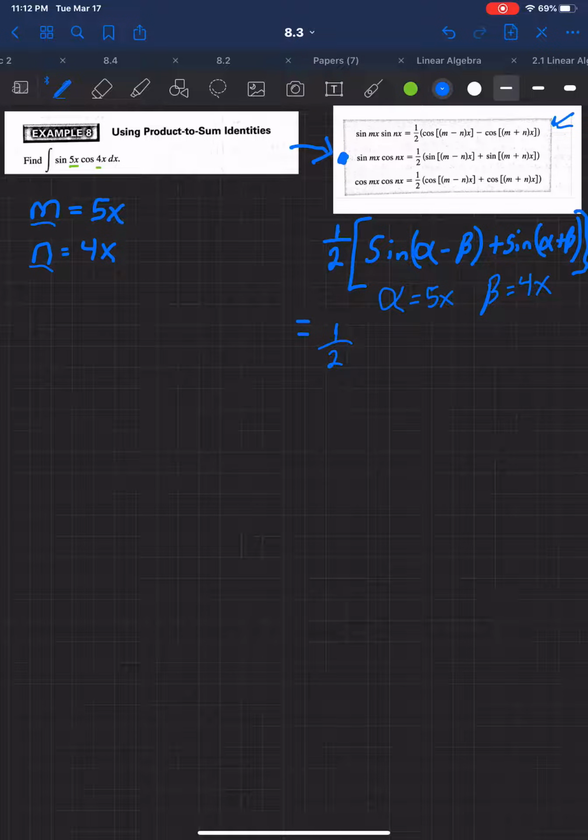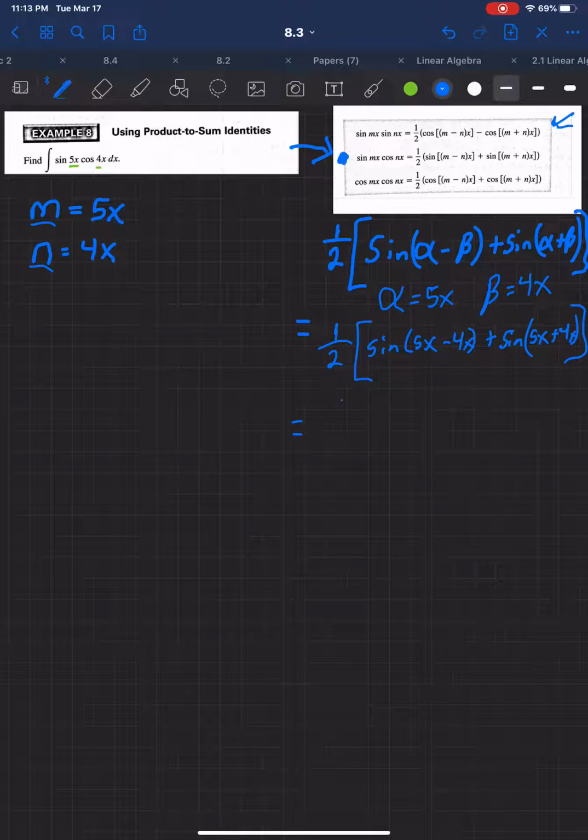You missed it. Ready? So this is just going to be a matter of plugging in for alpha, plugging in for beta. So I'm going to go ahead and do that right now. So this would just be sine of 5x minus 4x plus sine of 5x plus 4x.